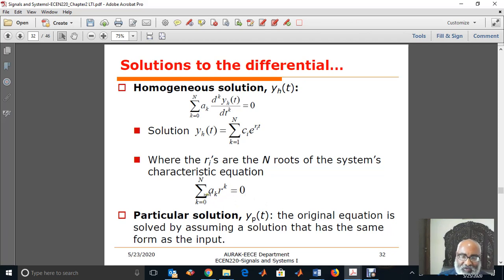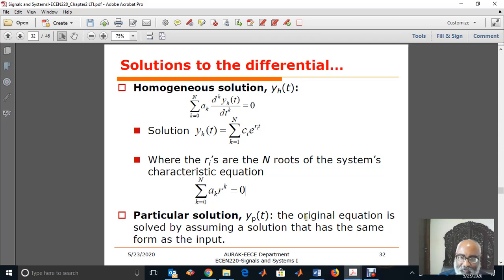For example, if it's second order, I will have a0 plus a1r plus a2r squared equal to 0. This is, as you know, the quadratic equation, and it will have two roots, r1 and r2. So the homogeneous solution will become c1 e to the power of r1t plus c2 e to the power of r2t.